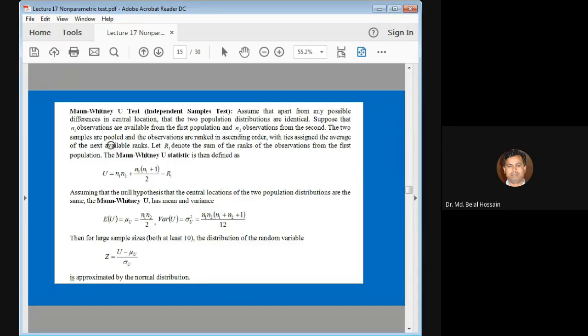The two samples are pooled, okay, and then the observations are ranked in ascending order.